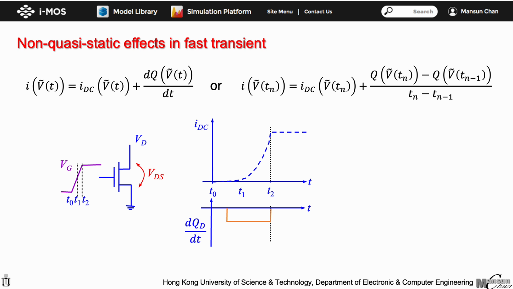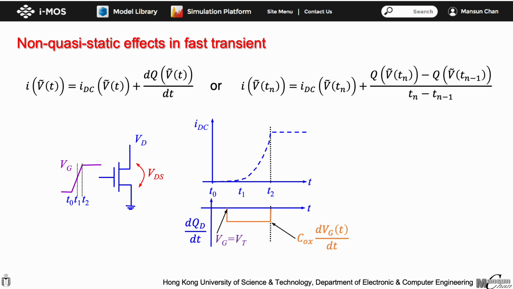The DC current is just the normal transistor current that we are all very familiar with. For the charging current, it is 0 below the threshold voltage in the simple model, as there is no inversion charge. After threshold, the charge is proportional to Cox (Vg minus Vt), and its exact value depends on the charge partition schemes discussed earlier.